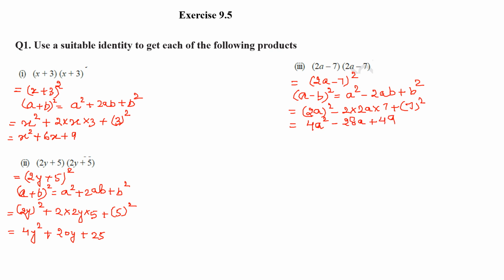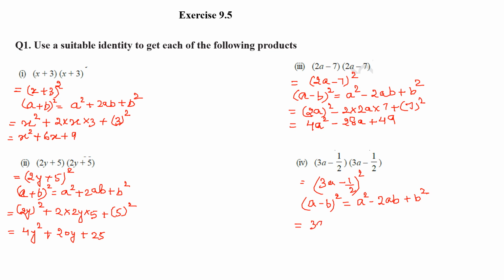Next, moving to the fourth question, 3a minus 1 by 2 multiplied by 3a minus 1 by 2. So here I can write it as 3a minus 1 by 2 whole square, and again it is based on the identity a minus b whole square, which is equal to a square minus 2ab plus b square. So if you compare 3a minus 1 by 2 whole square with the identity a minus b whole square, your a is 3a and b is 1 by 2.